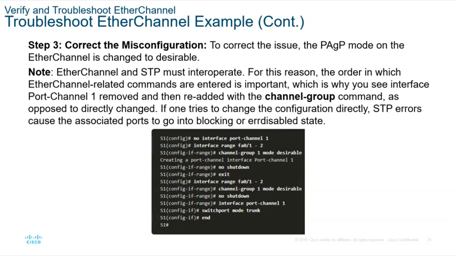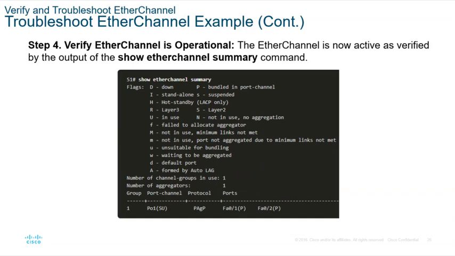Okay. So step number 3, correct the misconfigurations. Of course, you have to go back on switch 1, and make sure that the mode this time is desirable. And then step number 4, you verify again, show etherchannel summary.